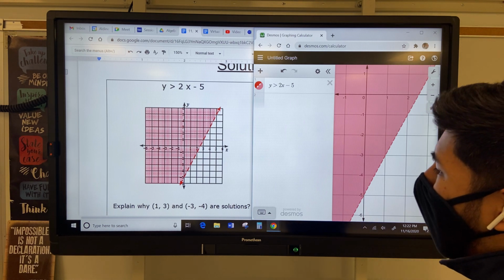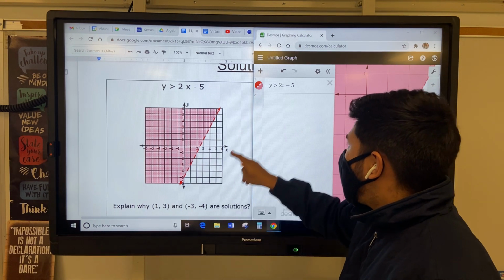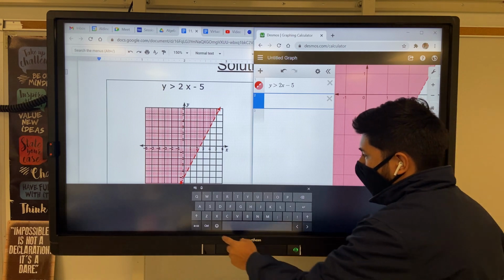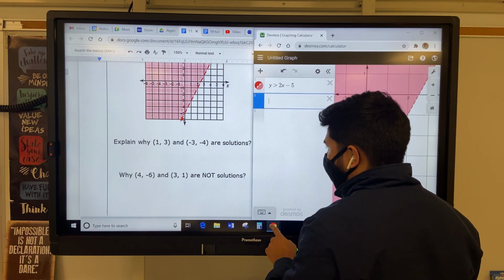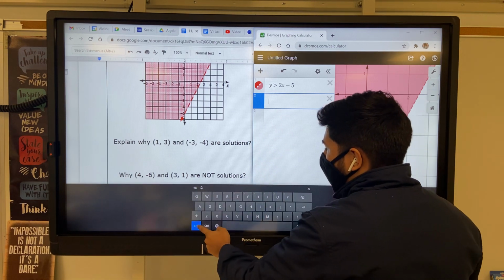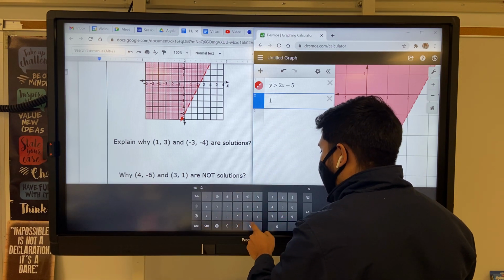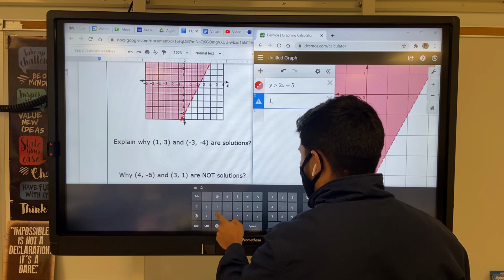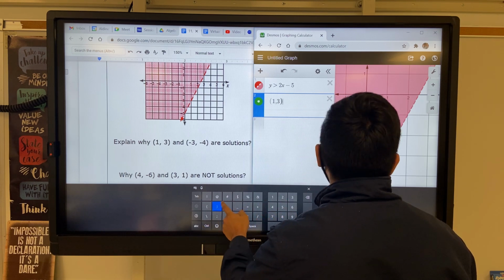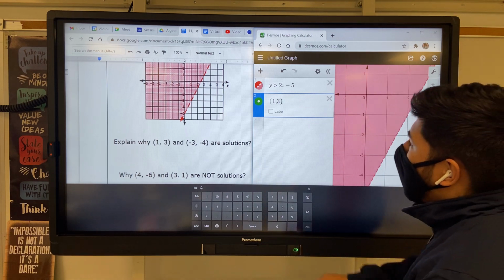And we're going to see why these are solutions. So I'm going to go ahead and put that in here. Let me raise it up a little bit. 1, comma, 3, boom. And let's label that.